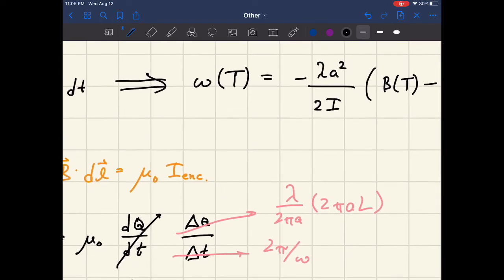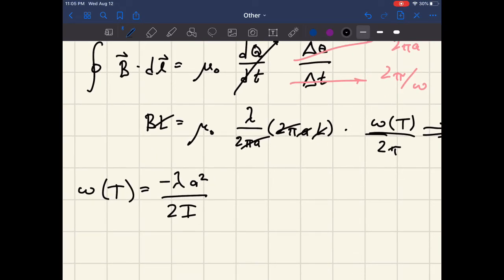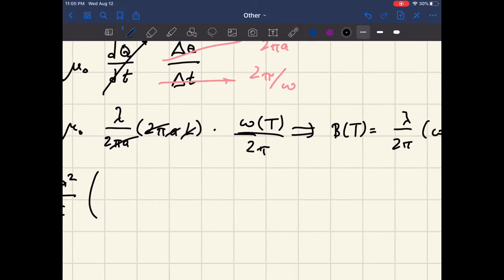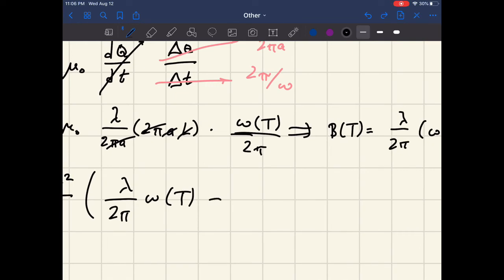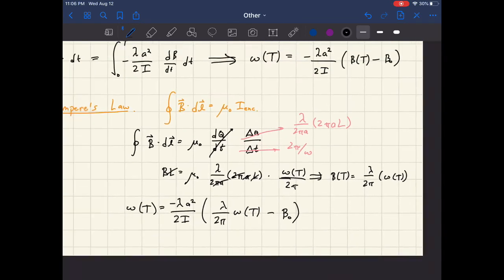Let's just see this again. Negative of this times lambda over 2 pi omega of t, and that's plus or minus B naught.